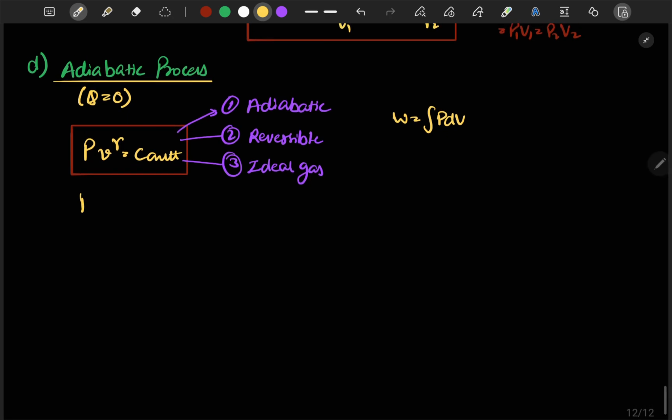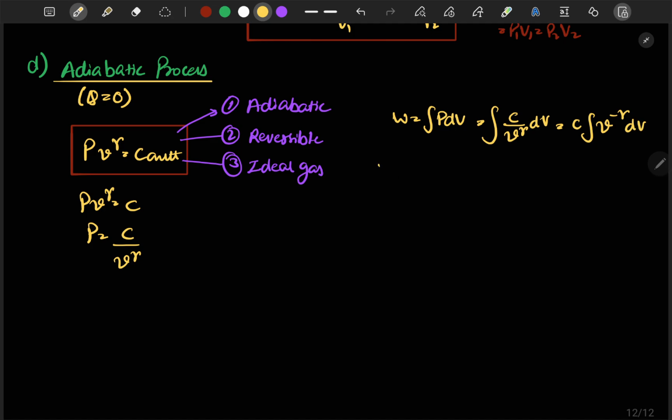From here we can write P V to the power gamma is equal to constant c, and we obtain p is equal to c upon v to the power gamma. So we can write it as c upon v to the gamma dv, and further simplify it as c times v to the power minus gamma dv.